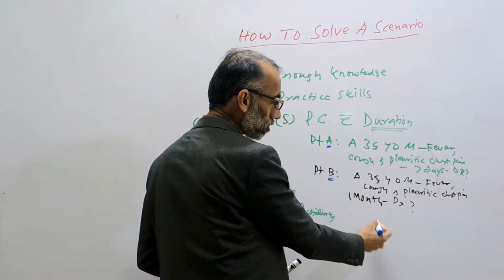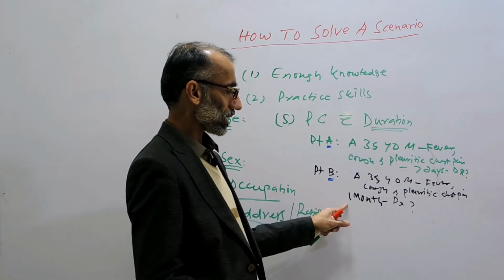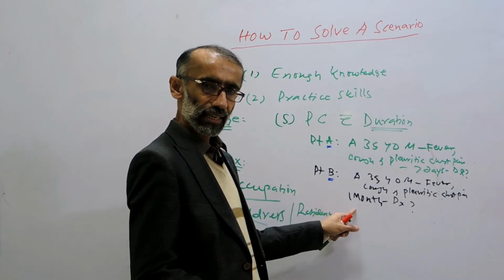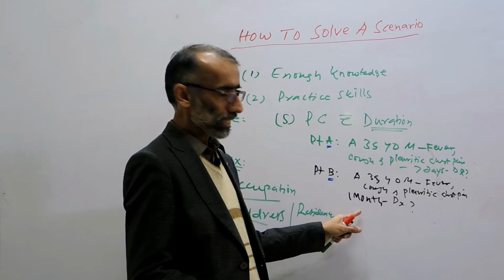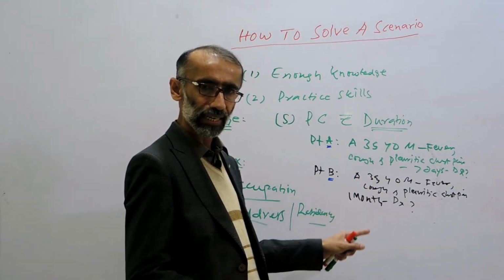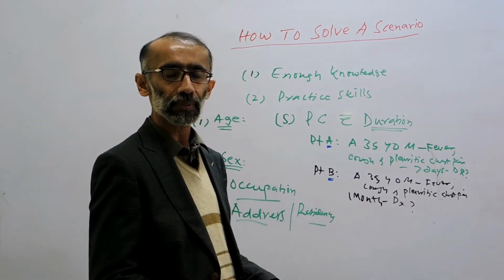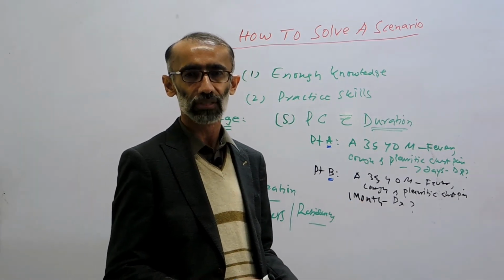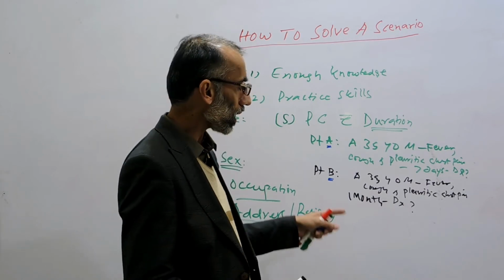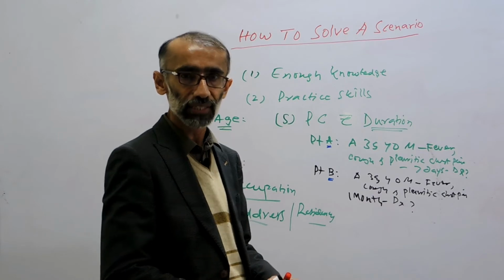But in case of patient B, the duration is 1 month. He is suffering fever, cough, and pleuritic chest pain for the last 1 month. Most likely, he is suffering from chronic chest infection. So, on the basis of duration, the diagnosis will change.